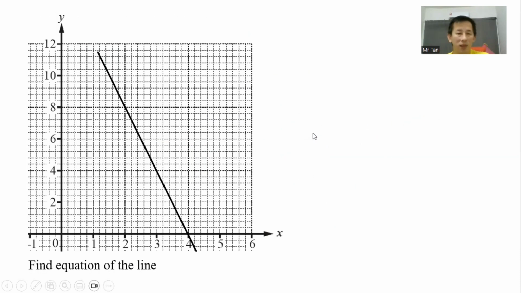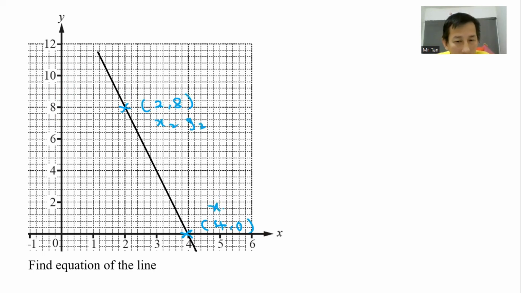Let's try another one. Now, the graph didn't show the y-intercept, so we need to use a point to calculate the y-intercept. First, we pick 2 points. This is 4, 0, and the point here, this is 2, 8. So this is x2, y2.